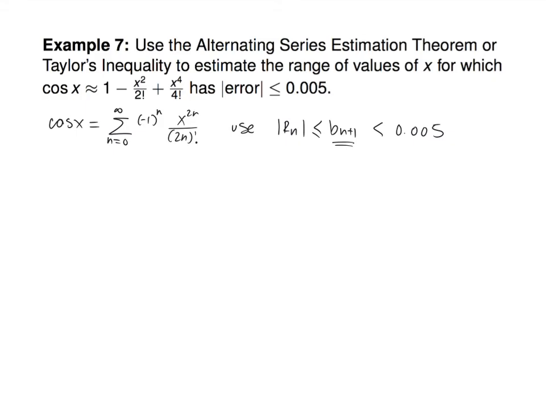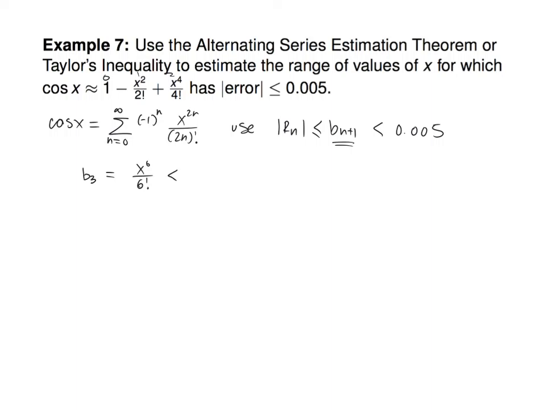You can calculate it by plugging in n plus 1, or you can just look at the next term you left off. This is the 0th term, first term, second term, and you left the third term off. So B_3 is going to be equal to x^6 over 6 factorial. That's the next term that you're missing. Other than that it would be negative, but this B part just takes the positive parts into account.